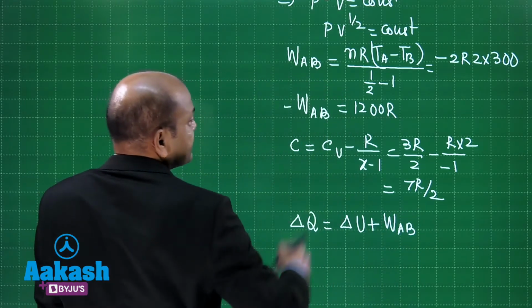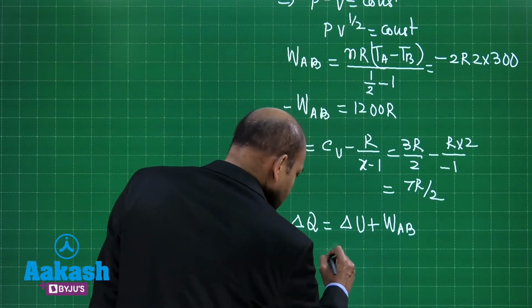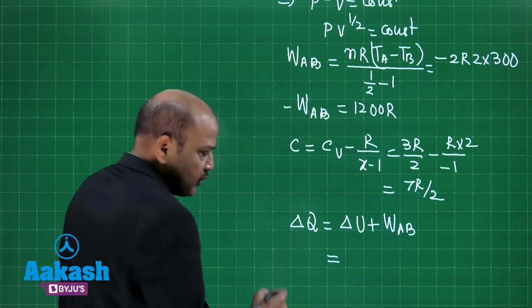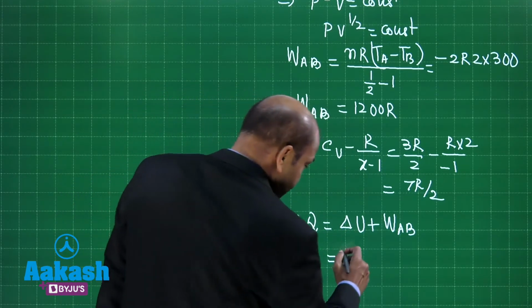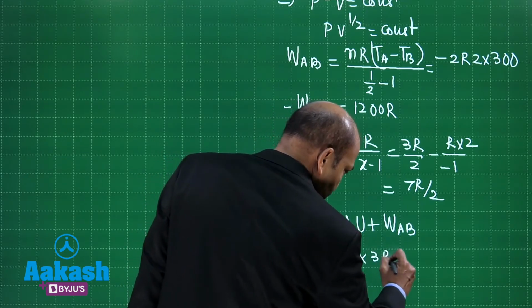Work done by the gas is minus 1200 R. So, delta Q will be equal to delta U, which is N CV delta T, N being 2, CV being 3R by 2.